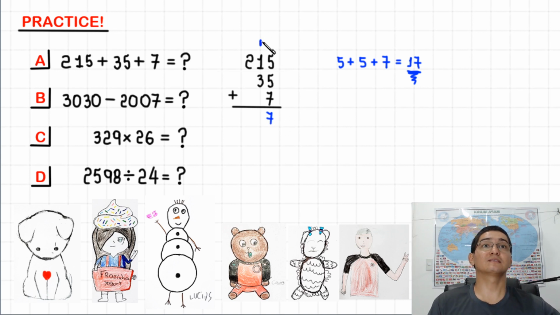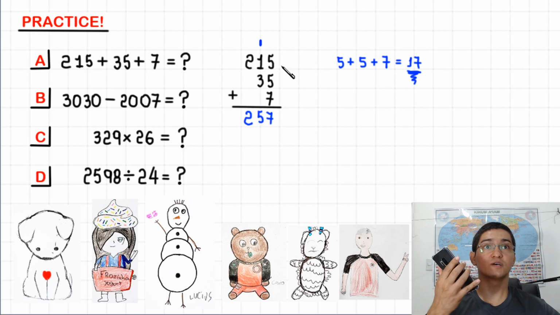And here, in the tens, I have 1 plus 1 plus 3. 1 plus 1 equals 2. 2 plus 3 equals 5. So we have 5 tens here. And in the hundreds place, we only have 2. So the result is 257.